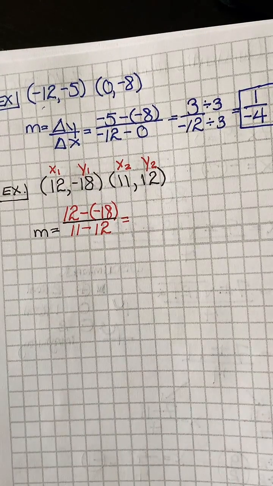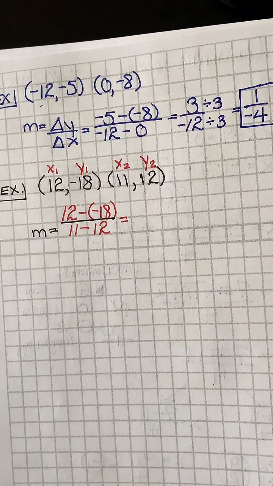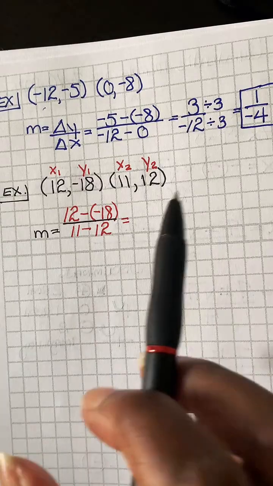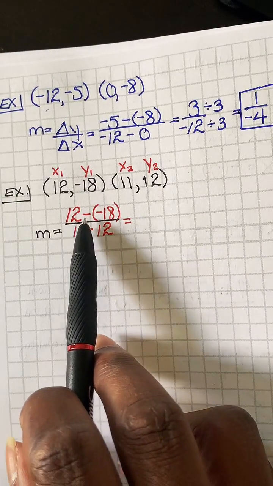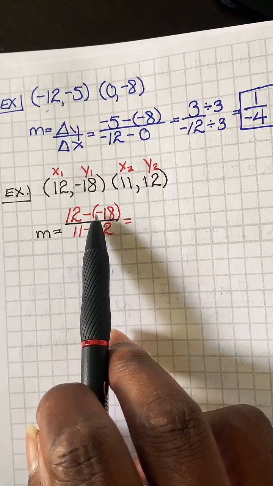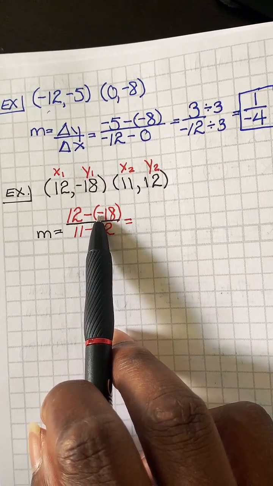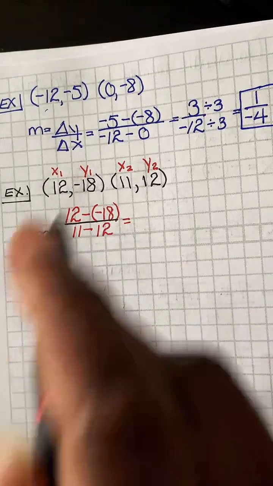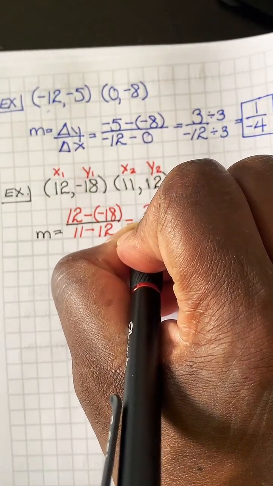So it's just like what Pollock mentioned, okay? But we have to watch our signage because we have 12 minus a negative 18. When you minus a negative, it turns positive. So you actually have 12 plus 18, which gives me a positive 30.